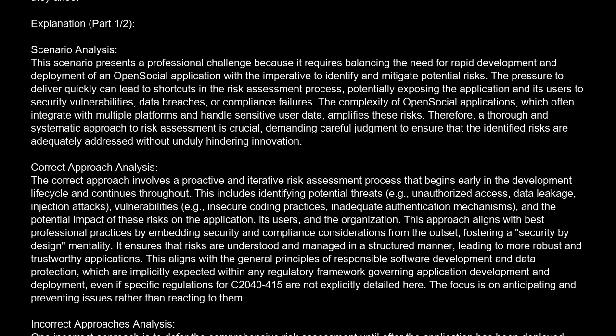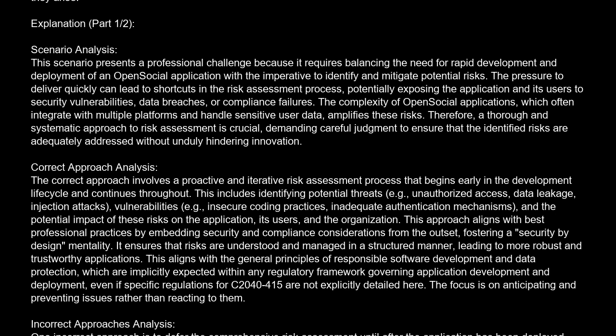Explanation. Scenario analysis. This scenario presents a professional challenge because it requires balancing the need for rapid development and deployment of an open social application with the imperative to identify and mitigate potential risks. The pressure to deliver quickly can lead to shortcuts in the risk assessment process, potentially exposing the application and its users to security vulnerabilities, data breaches, or compliance failures.